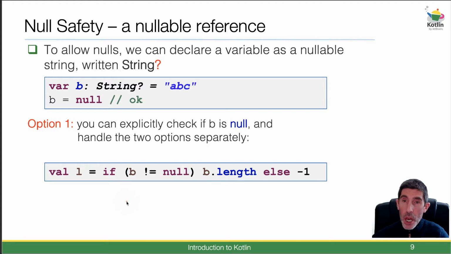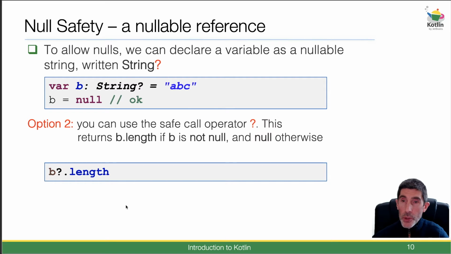Another option, we can use the safe call operator. We really haven't seen this to date, but this is a nice, much more concise way to check this. The safe call operator, question mark, returns in this example b.length if b is not null, and null otherwise.